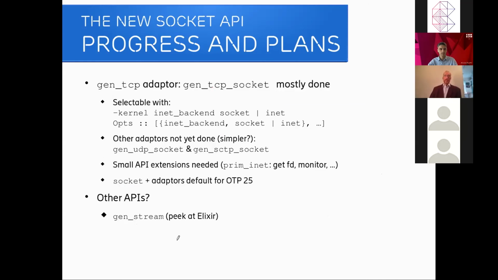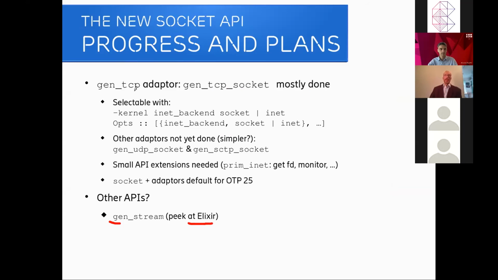Or maybe on other APIs that we're thinking about. gen_stream is a thing we think about, a kind of data server callback module. We will also look at what Elixir has got in this area, or maybe even Java streams, things like that. See what others have done here, simply.